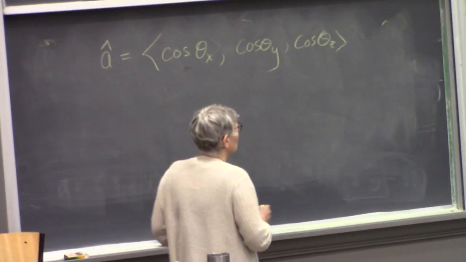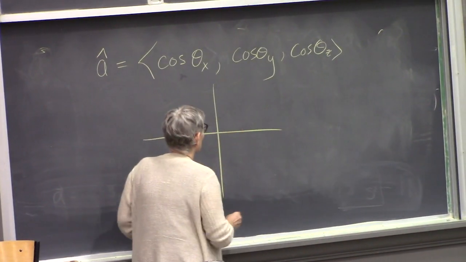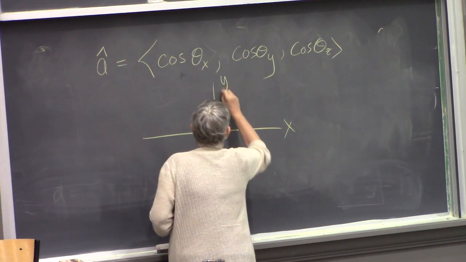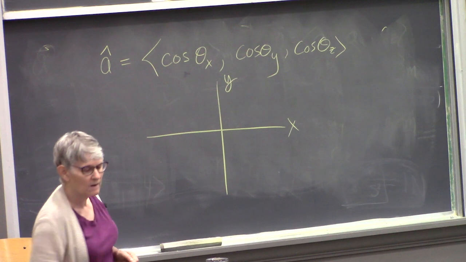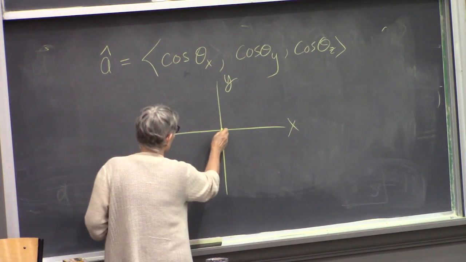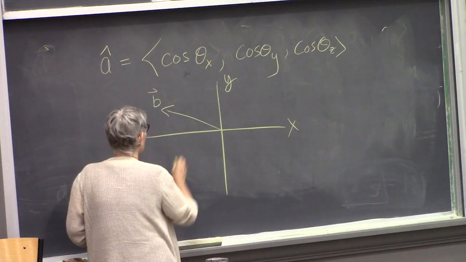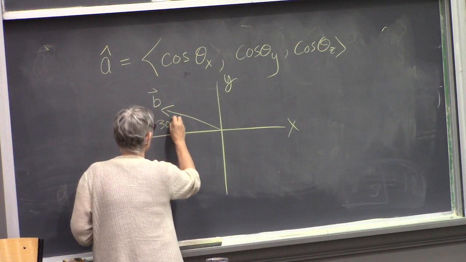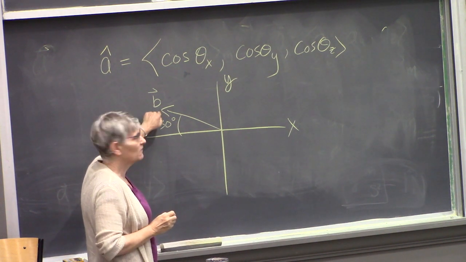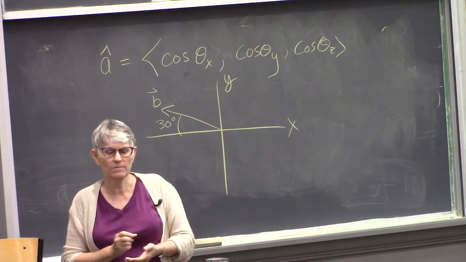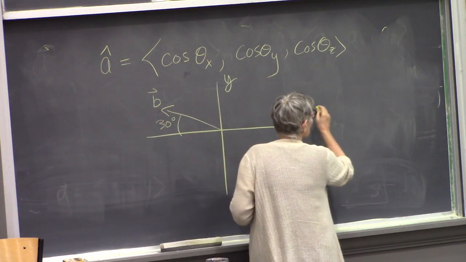So let's work in 2 dimensions for a minute, because this makes our life simpler. If we have a vector B and we know that this angle is 30 degrees, and we want to get a unit vector in this direction, what would we do?